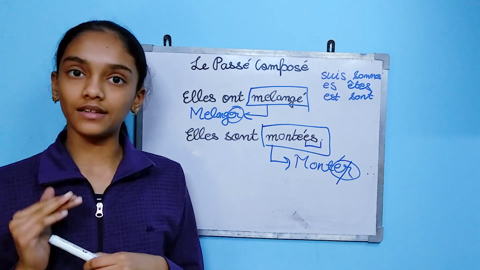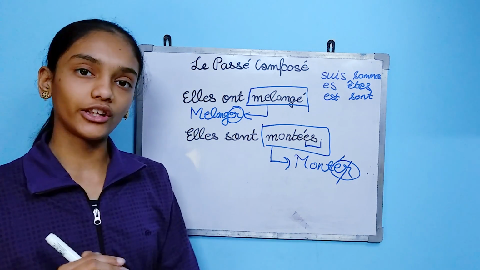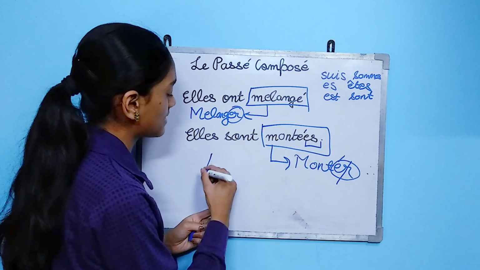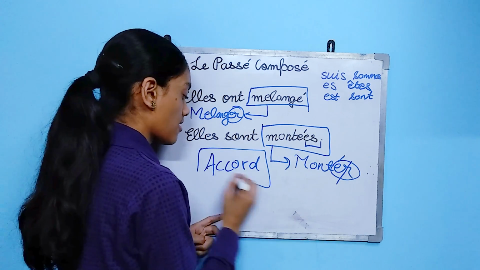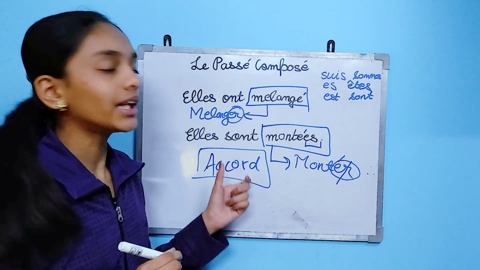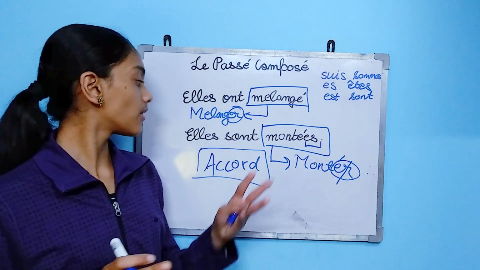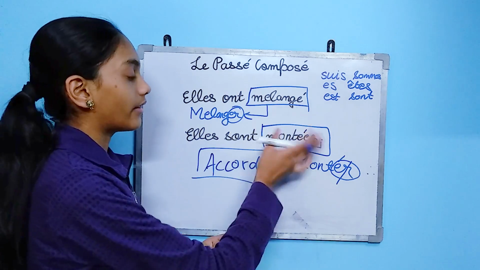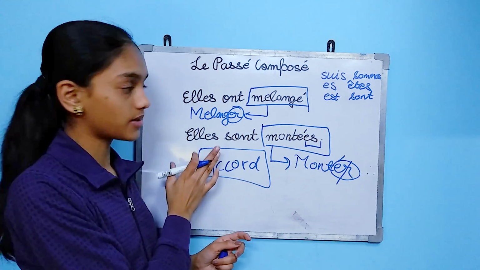Now what's the reason behind this? This is because when we are conjugating with être, we do one thing which is accord. In French, it's accord. And if you want to know it in English, it's a simple subject-verb agreement, which means that the verb will be agreeing with the subject.